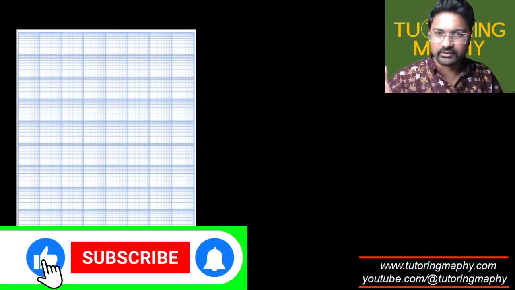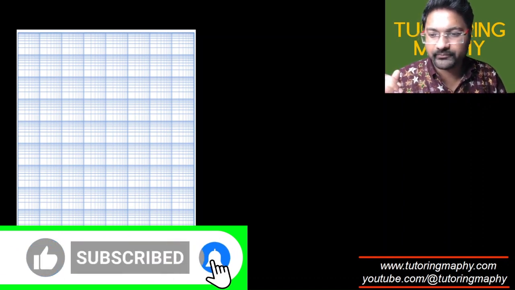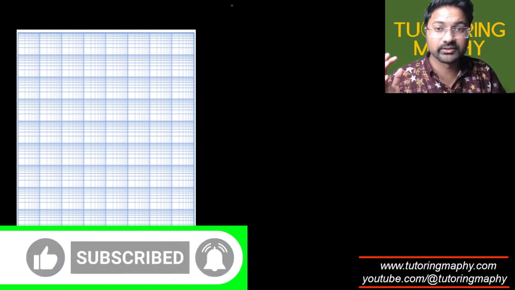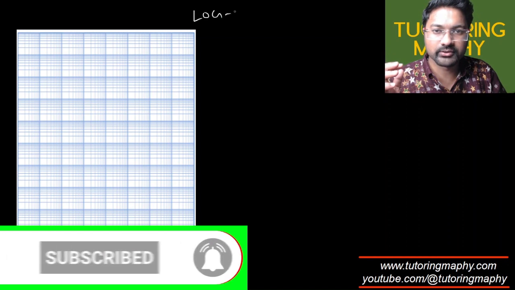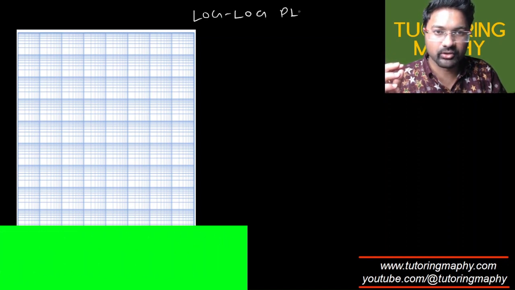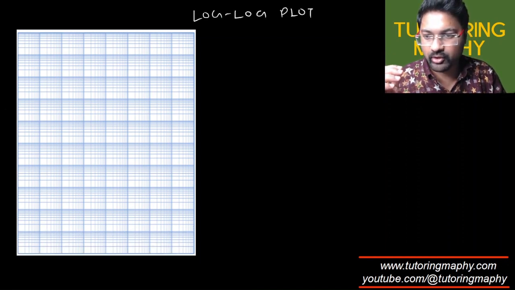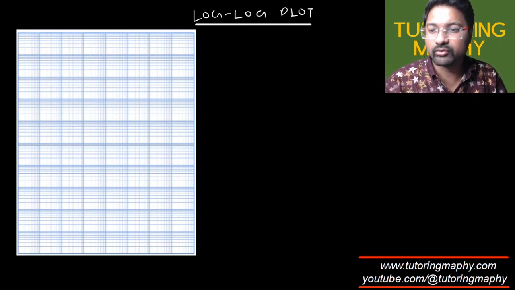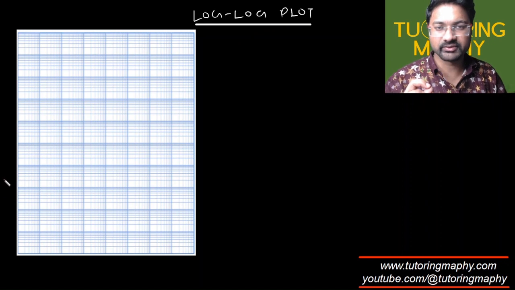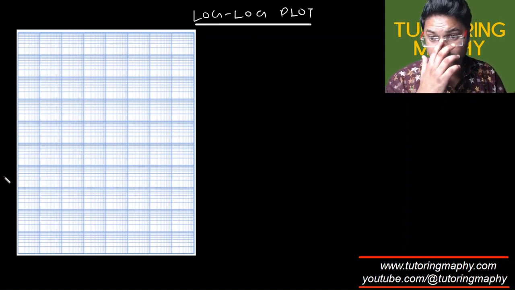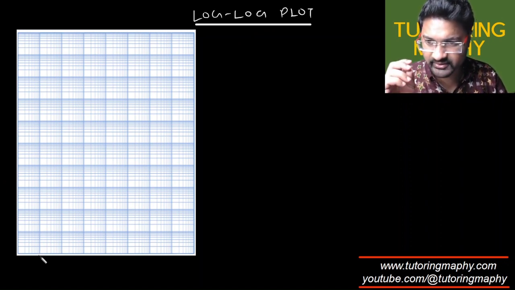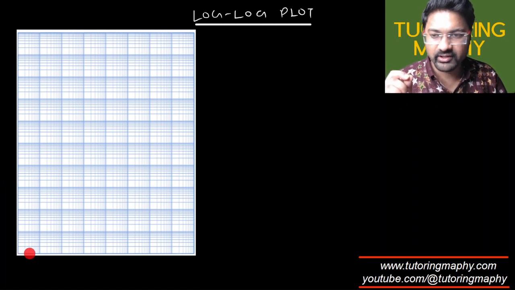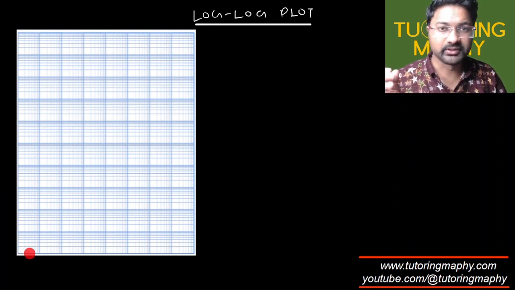Now, what was the other kind of plot? This is a log plot. What is the meaning of a log plot? You can see that the x and y axes are no longer linearly or equally spaced. They are spaced with uneven vertical lines and horizontal lines.